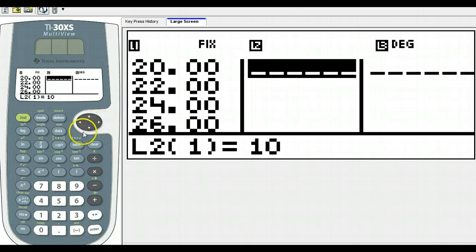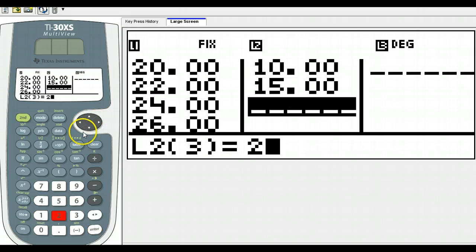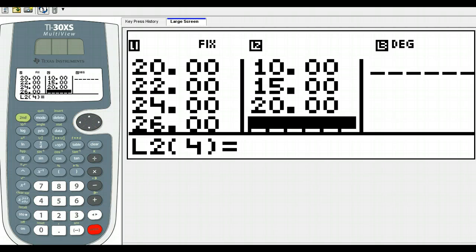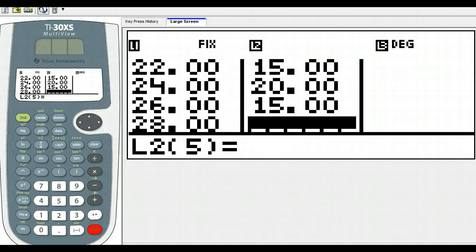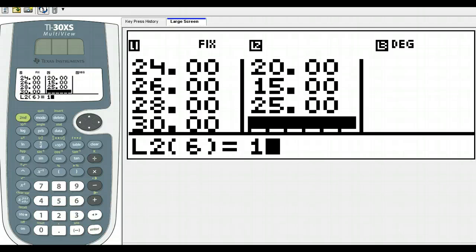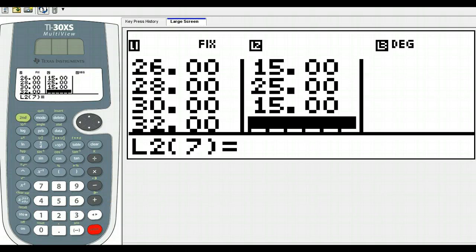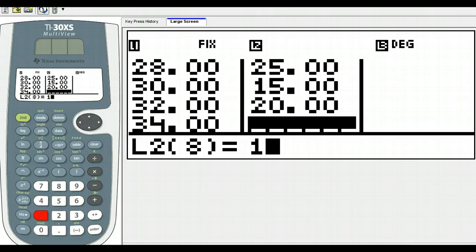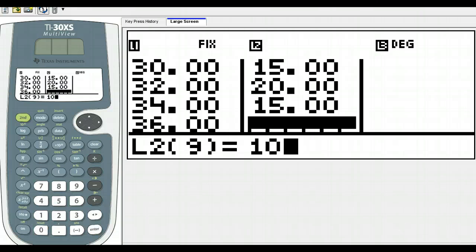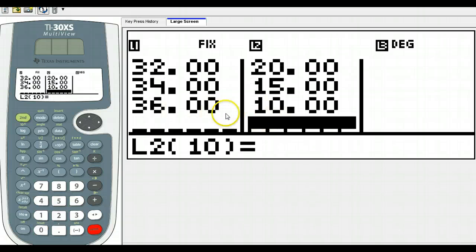And then it goes 15, 25, 15. And 20, 15, 10. Alright, make sure your lists end evenly like mine do.